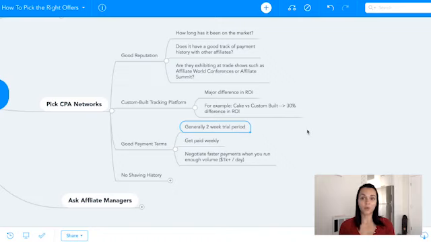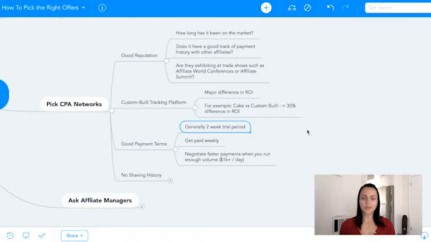So for their own protection, they will put you on a 2 week trial period. But then you can negotiate with them and tell them, hey, I want to get paid weekly. Usually, if you generate $1,000 worth of traffic in a week between Monday to Sunday, then you are okay to be paid the following week.